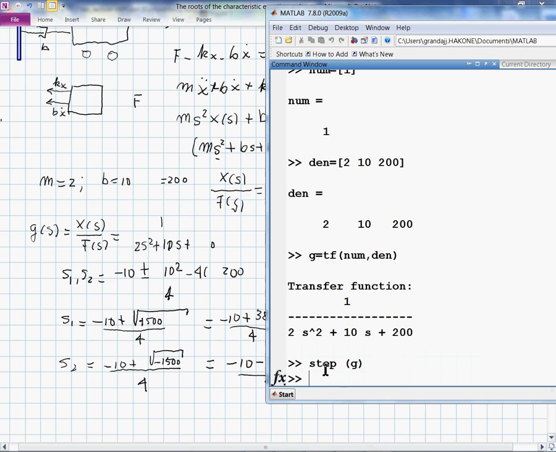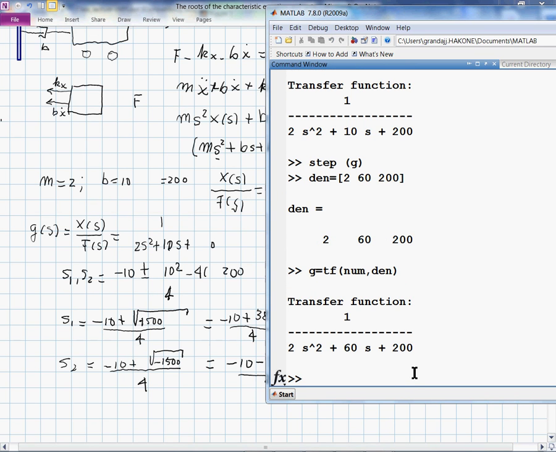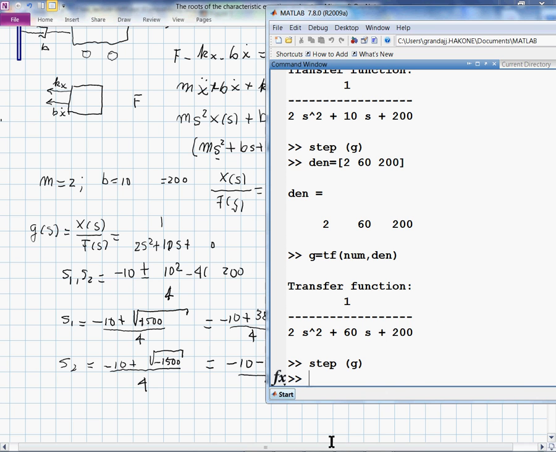So let's go to MATLAB and say, okay, I am going to redefine my denominator, and instead of b being 10, I will make b to be 60. And I redefine my transfer function and define what g is. And then I said, why don't you find me the step input for this?